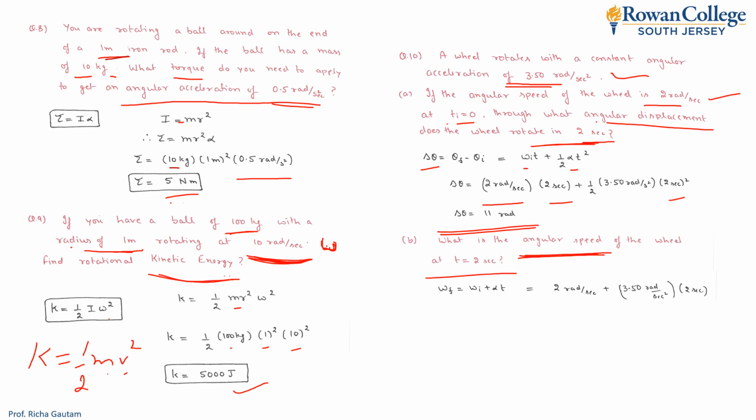The initial is given to you, omega i is 2 radians per second, alpha is the same 3.50, and you are finding omega f after 2 seconds. That will be 9 radians per second.